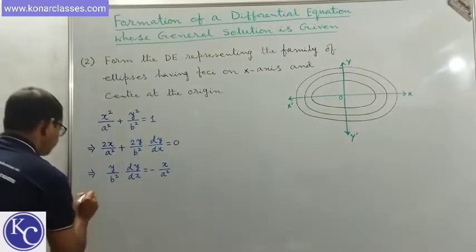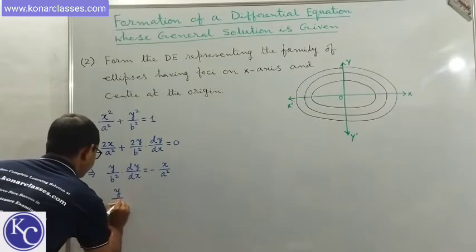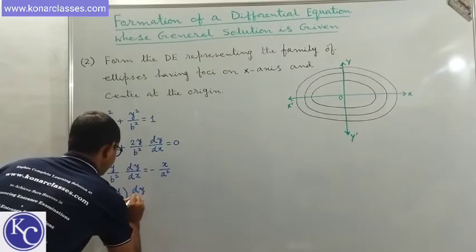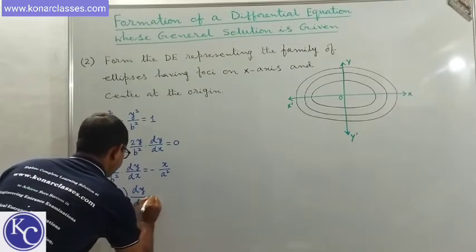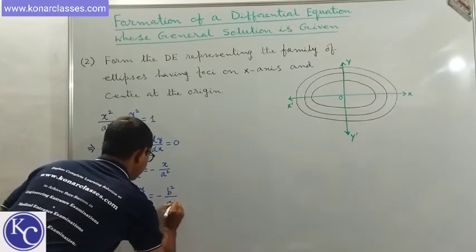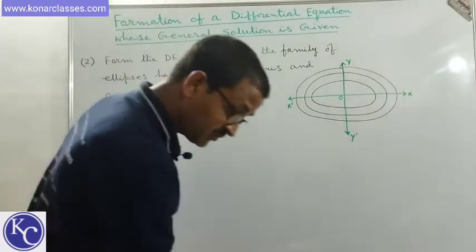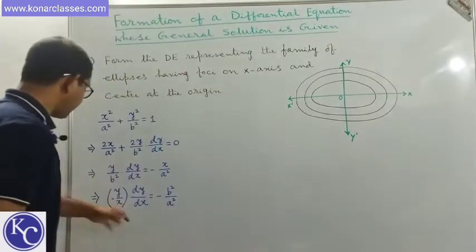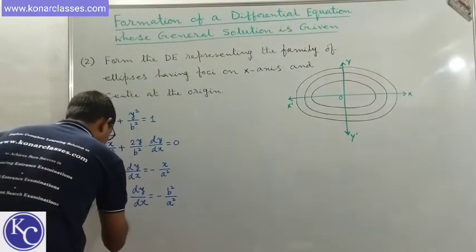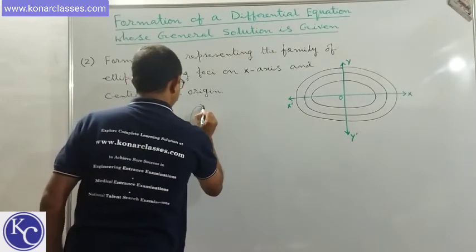Or you can write, this implies y by x into dy/dx is equal to minus b square by a square. Correct? Our task is to remove a and b. So let's take it here and proceed.